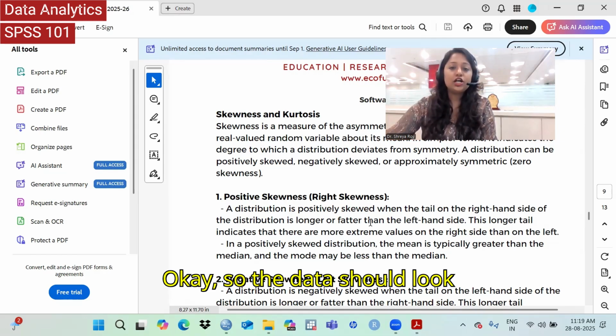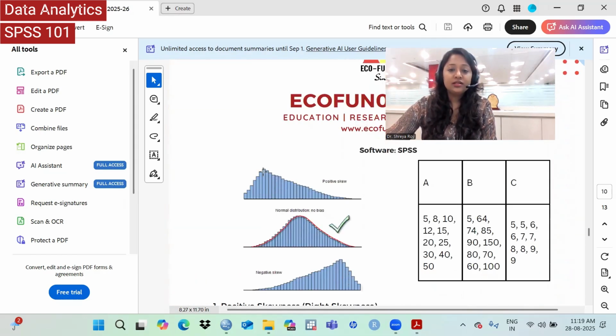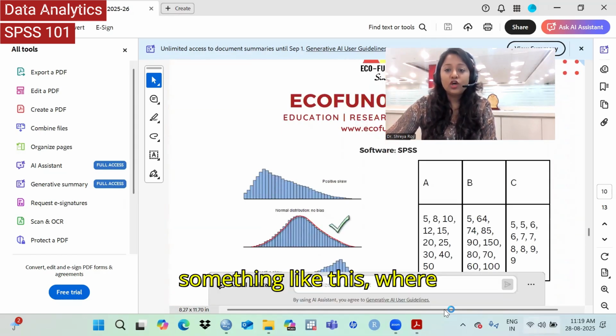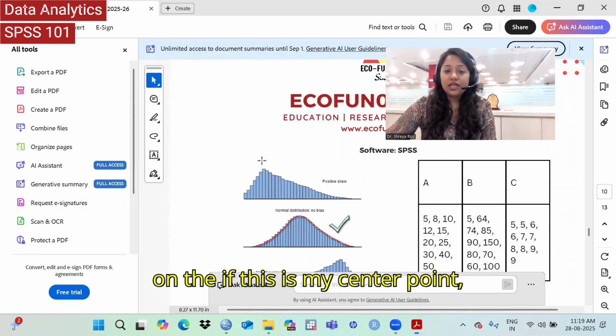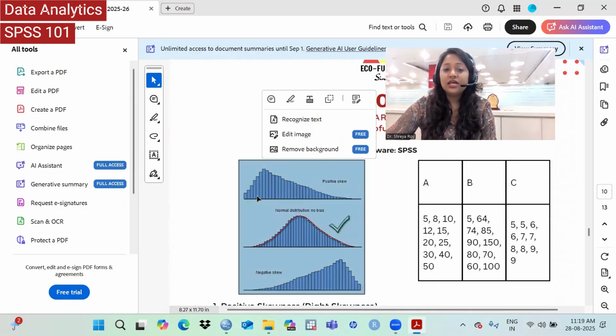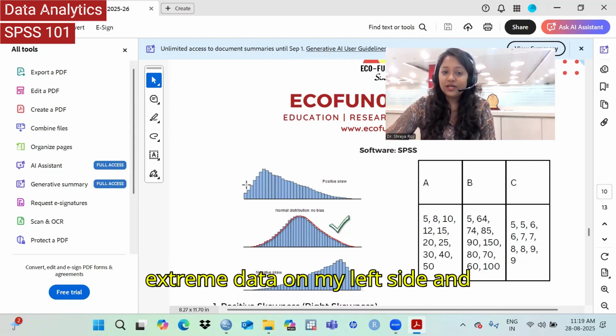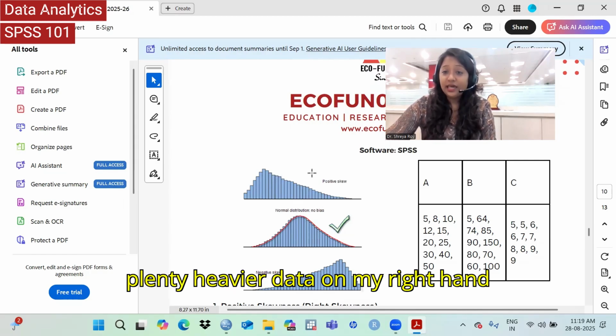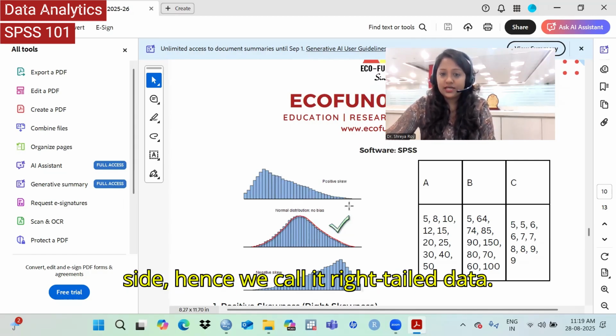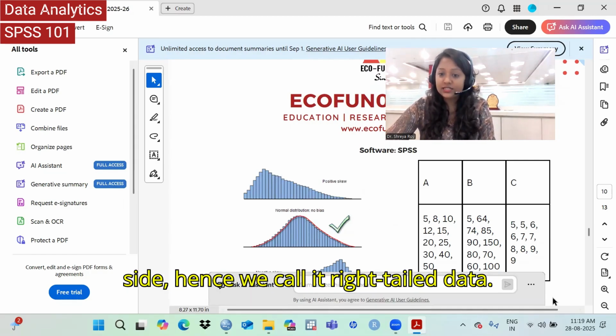The data should look something like this, where if this is my center point, then there are fewer extreme data on my left side and plenty of heavier data on my right-hand side. Hence, we call it right-tailed data.